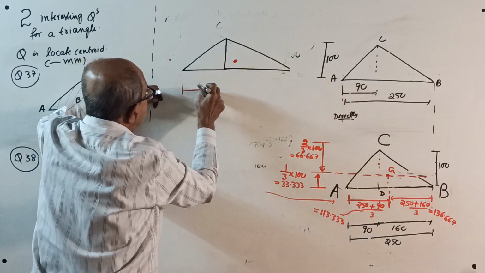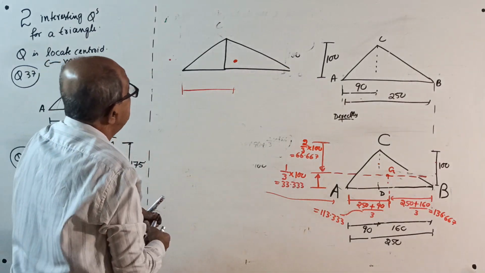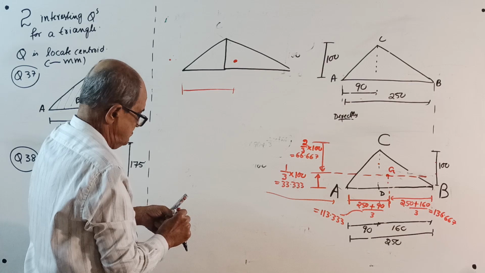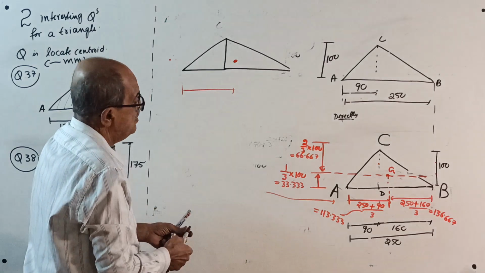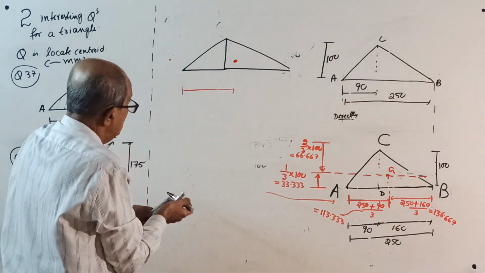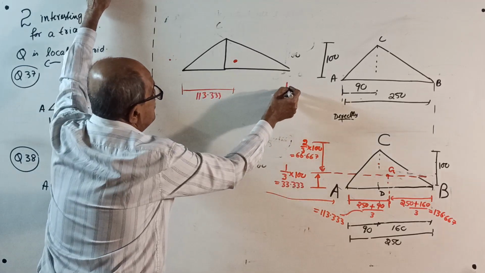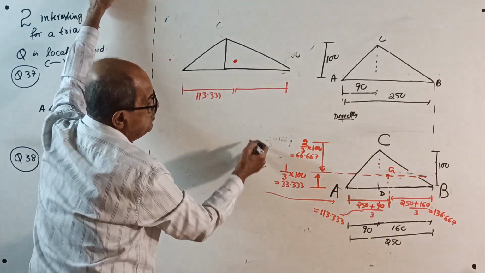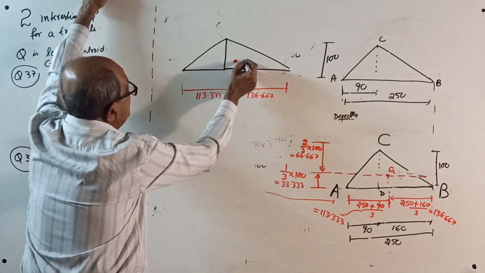From here to here, how much is it? We got 113.333, because it is more than 90. If you want from that side, subtract from 250, you will get 136.667. This is centroid G.